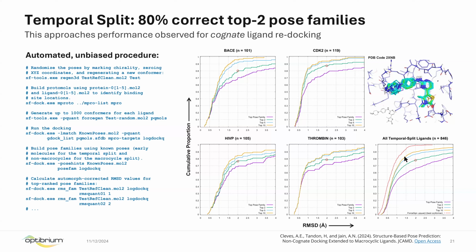And you can see that 95% of the time, ForceGen is able to produce at least one answer that's 1.5 angstroms RMSD or better. So conformer search is not the bottleneck in terms of docking with Surflex-Dock. ForceGen does a very, very good job with non-macrocycles at identifying good conformers.